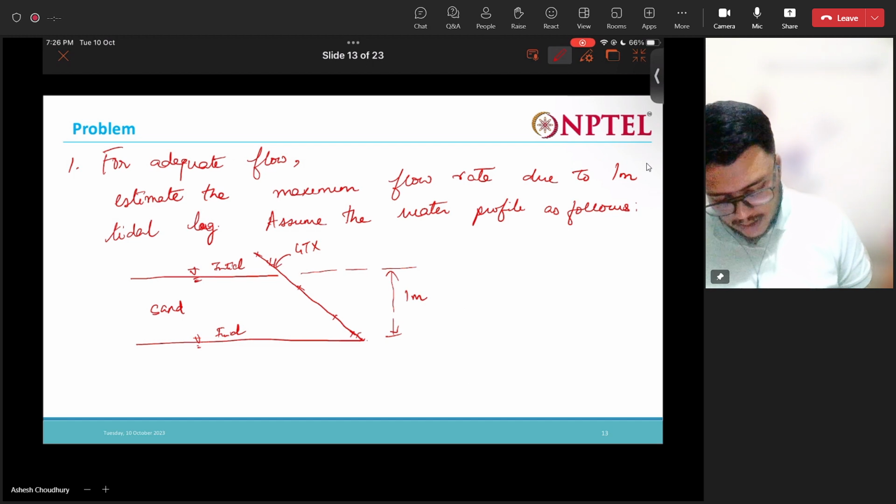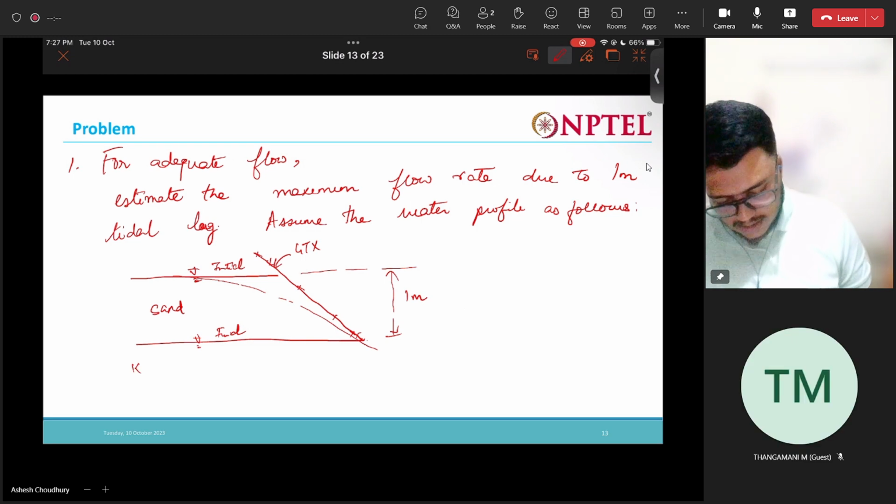If you want to draw the phreatic surface, it will be something like this, and this is approximately estimated as 50 meters.